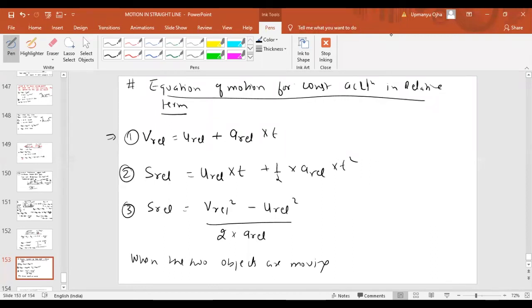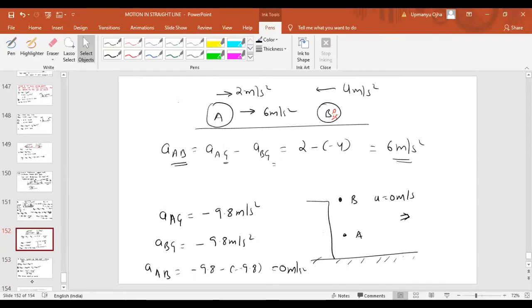Basically, this is what the equations of motion in relative terms are. Relative means with respect to something, with respect to the object. So these equations of motion will be applied when the two objects are moving together. Like this example I have taken: A and B, we are dropping object A and dropping object B after some time.